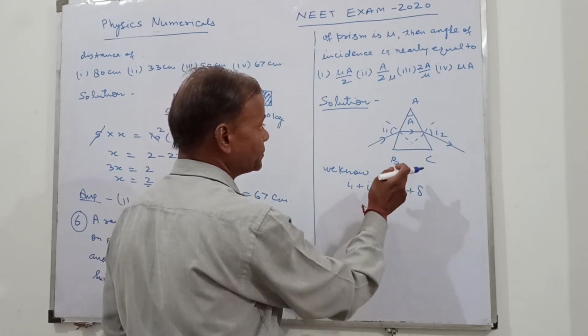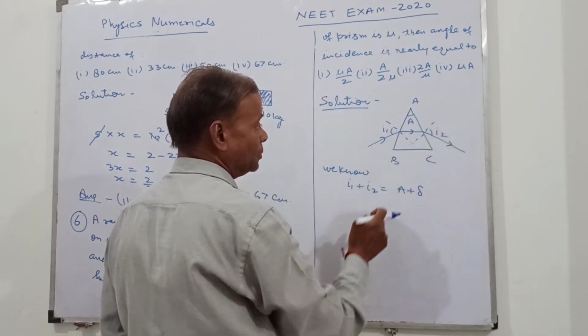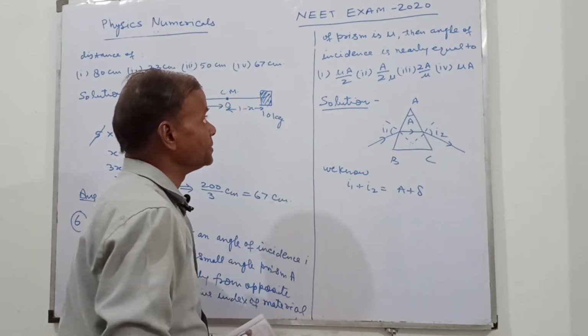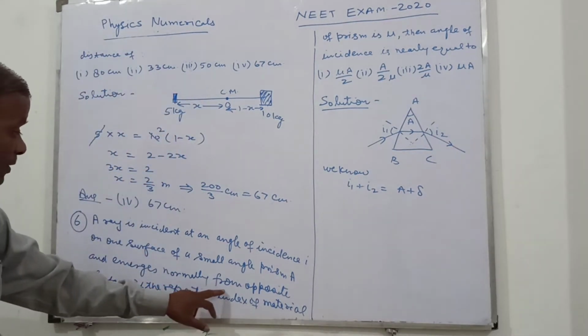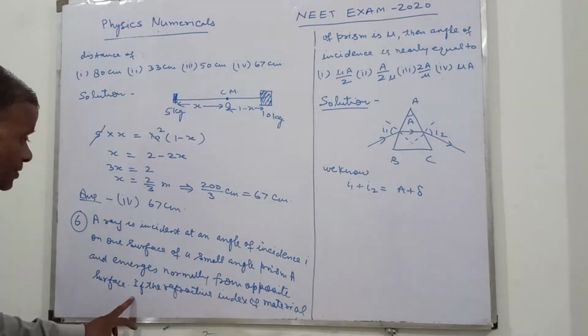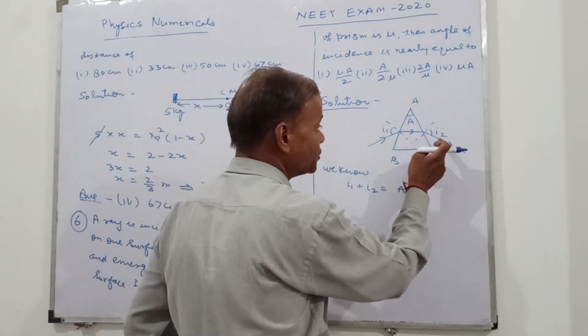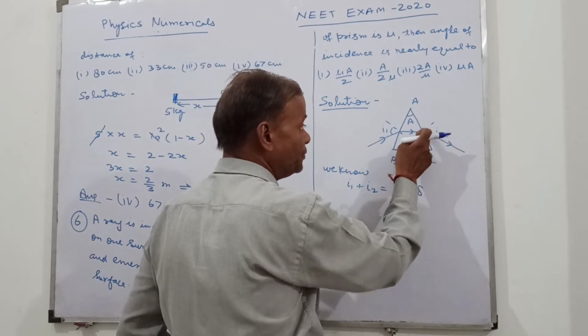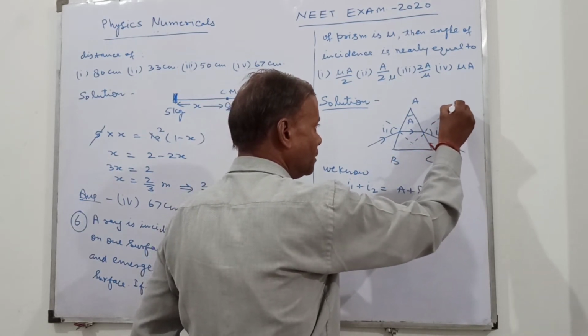Here this I is measured from the normal, and in the question it is given that the ray emerges normally from the opposite surface. This means I2 will be 0 because the ray goes along the normal.